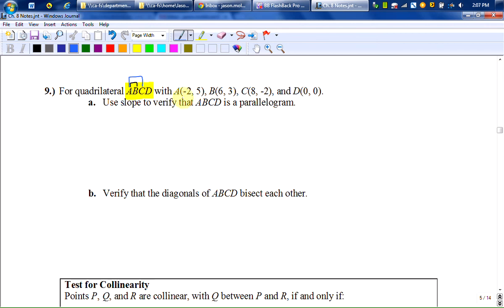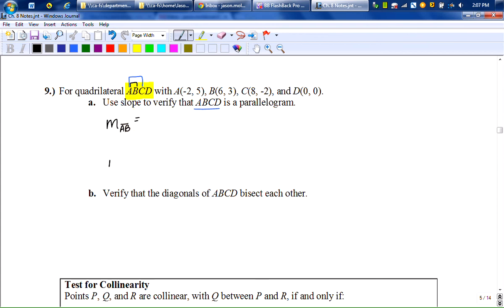Another way to verify that is to actually graph this, but I'm not going to do that because it's already stated the name of it, which tells me how this shape is formed. So we're going to use the slope to verify that it's a parallelogram. So I'm going to find 4 slopes.